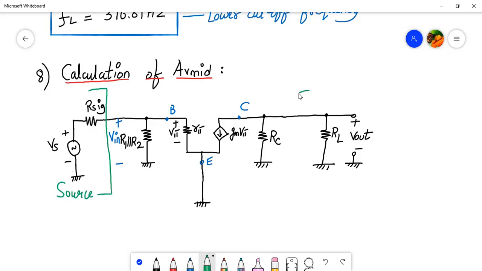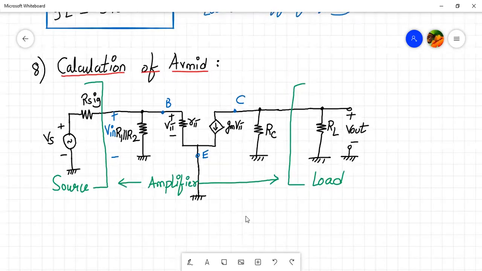And this part over here is the load. And in between we have the amplifier. We have done this for the main circuit of common emitter amplifier. So this part over here is my amplifier part.